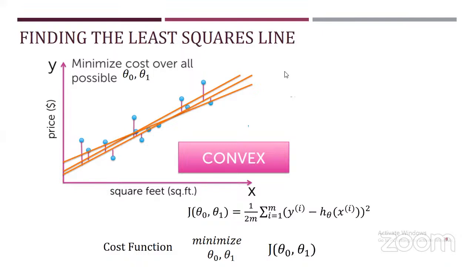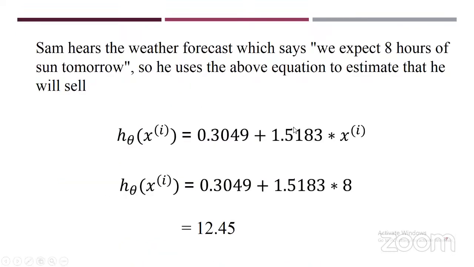Here you are basically calculating the value of your theta naught and theta one over a number of iterations. But here what we have done, we have just derived one value and we are using it. So this is the static approach where we are not updating it. We have just formulated the value in one go and we are going to use it throughout all the process.